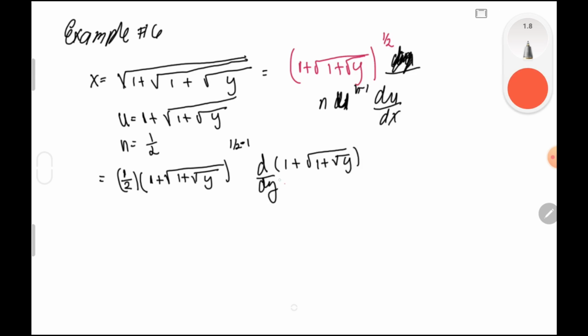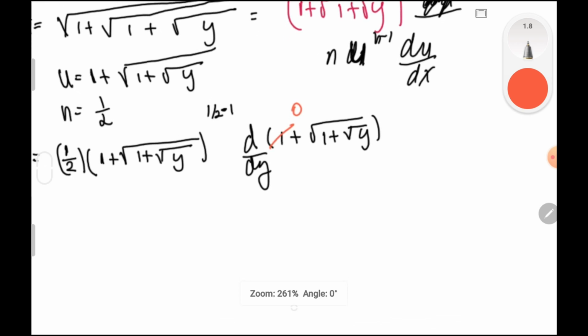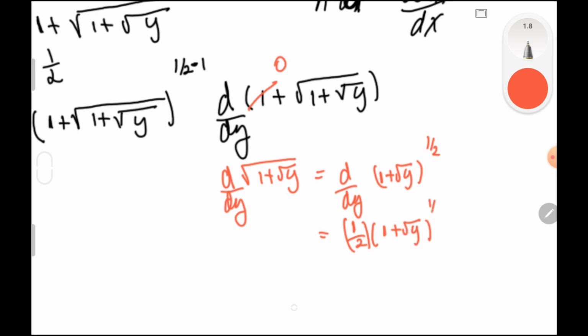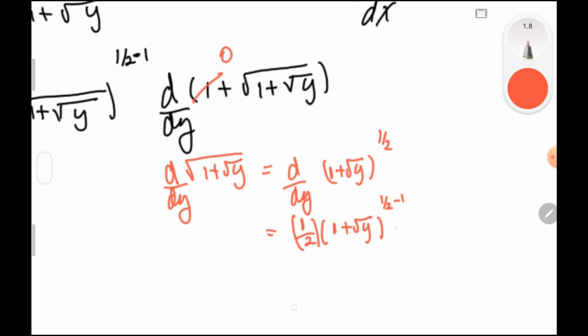Okay, so the derivative of 1 with respect to y is 0, and the derivative of square root of 1 plus square root of y with respect to dy is equal to the derivative of 1 plus square root of y raised to 1 half, which is equal to 1 half multiplied by 1 plus square root of y raised to 1 half minus 1, multiplied by the derivative of 1 plus square root of y with respect to dy.